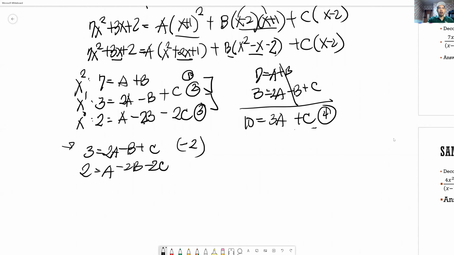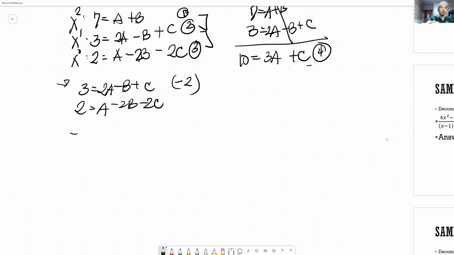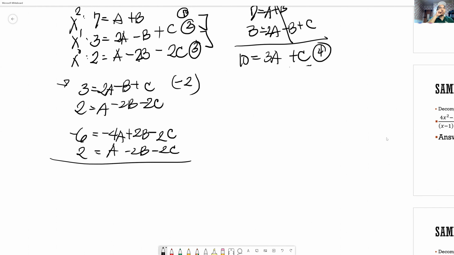So that we're going to have negative 6 is equal to negative 4a plus twice b minus 2c. And we have here 2 equals a minus twice b minus 2c. And combining these two equations eliminates this. So that will have negative 4 equals negative 3a minus 4c. This will be our fifth equation.